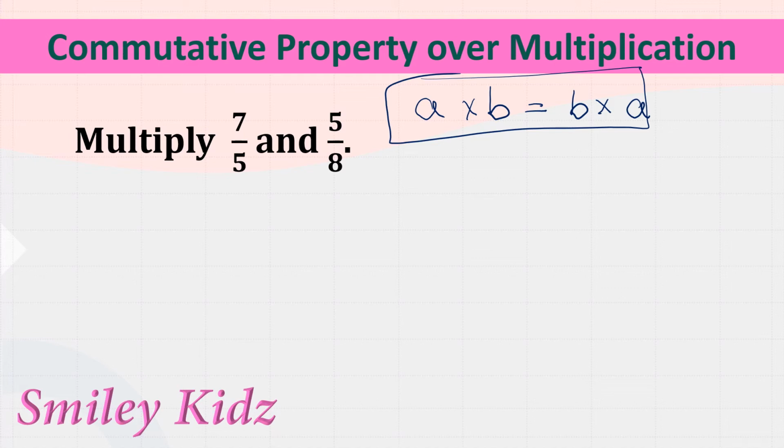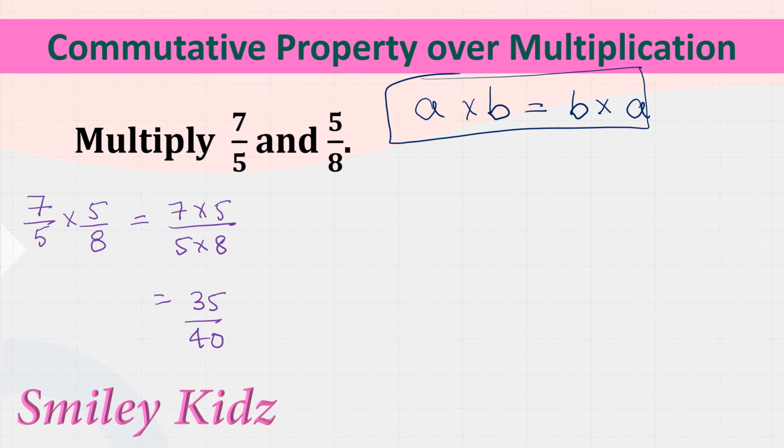First, let's do A multiplied by B, that is 7 by 5 multiplied by 5 by 8. How to do multiplication of rational numbers? It's simple. Numerator into numerator, denominator into denominator. Right? 7 multiplied by 5 by 5 multiplied by 8, which is equal to 35 by 40.